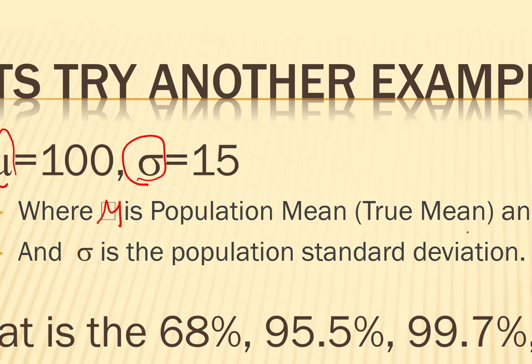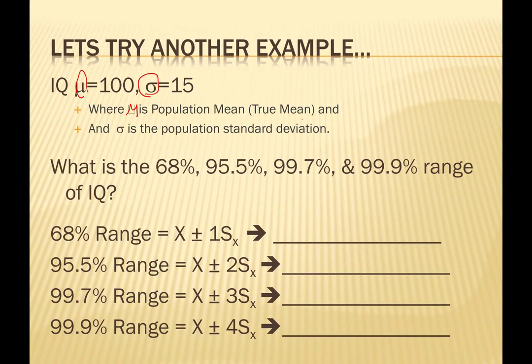So in the population, then, we have an IQ of 100 as the population mean, and plus or minus 15, right? So using these two numbers, if I were to ask you to figure out what the 68% range of IQ is, then you would take the mean, plus or minus 1 standard deviation, right?